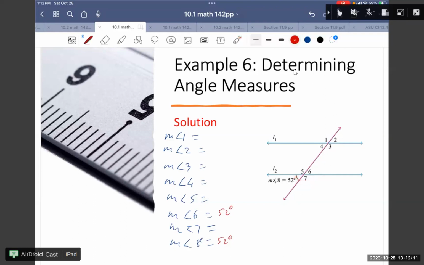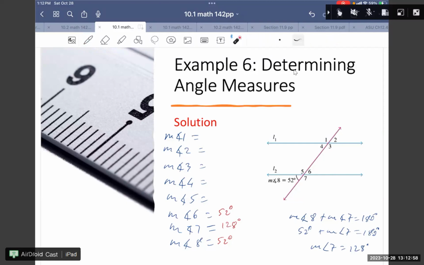So the measurement of angle 8 plus the measurement of angle 7 is equal to 180. We already have 52, plus the measurement of angle 7 equals 180, so the measurement of angle 7 is 128.